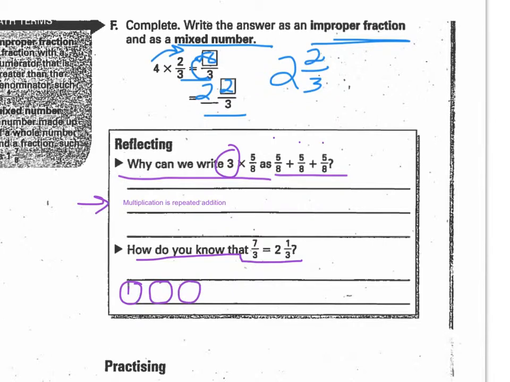I can have these divided into thirds. If I label 1, 2, 3, 4, 5, 6, 7, I have 2 and 1/3. Also, how many times does 3 go into 7? Twice. 2 times 3 is 6. I have 1 left over.